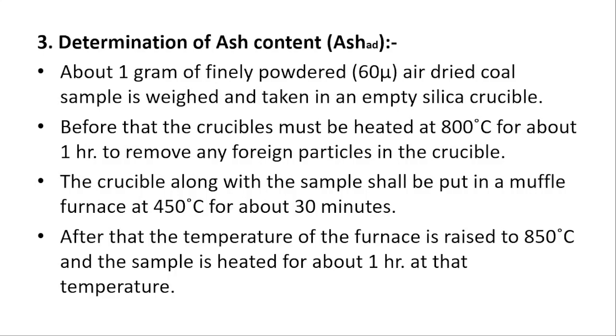The crucible along with the sample shall be put in a muffle furnace at 450 degrees centigrade for about 30 minutes. After that, the temperature of the furnace is raised to 850 degrees centigrade and the sample is heated for about 1 hour at that temperature.